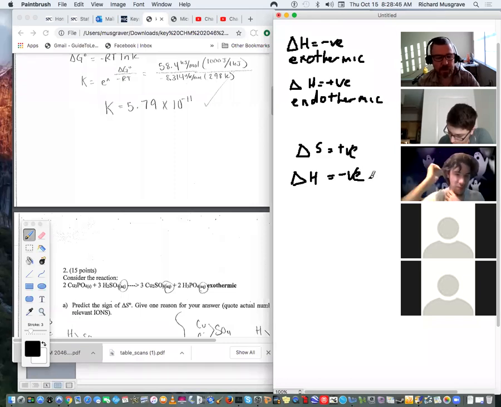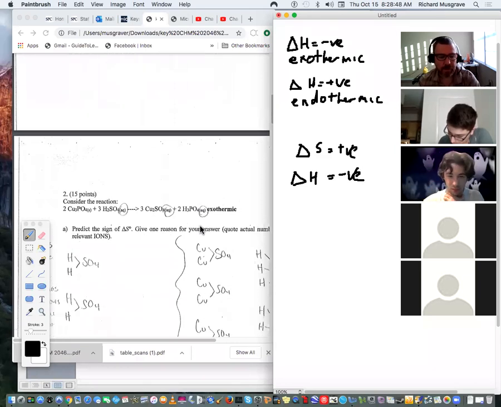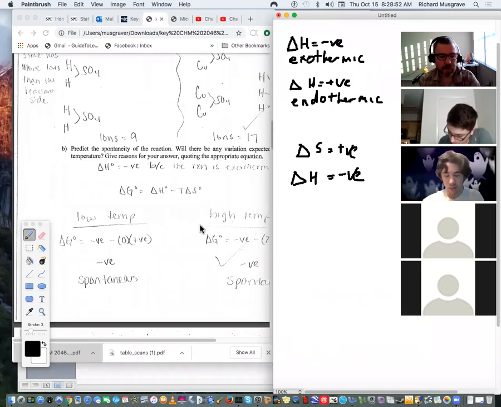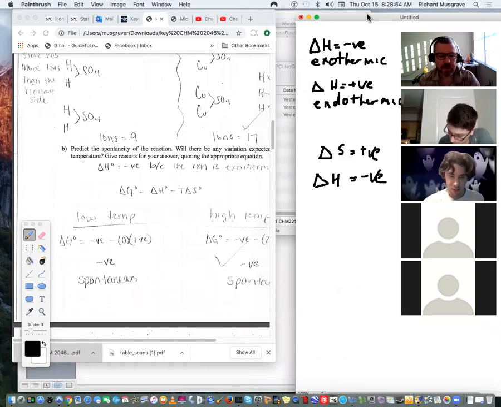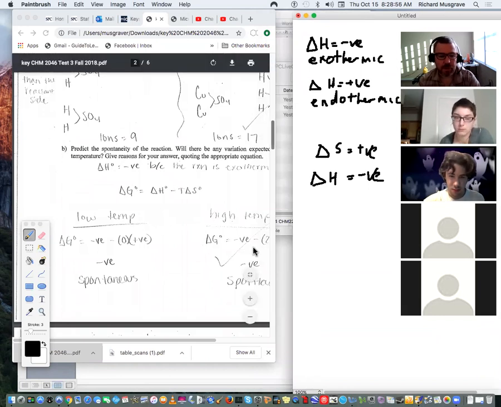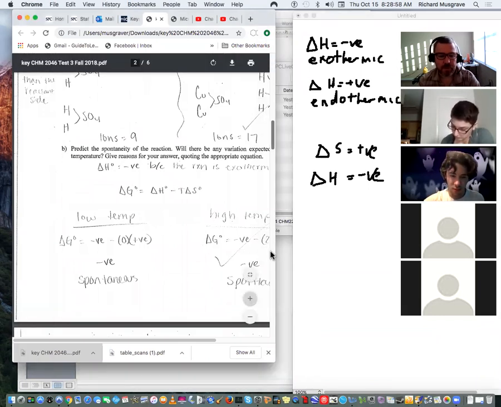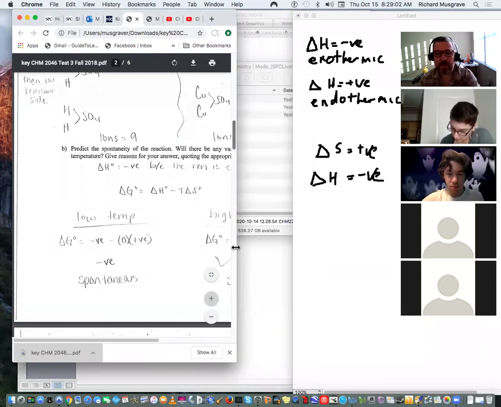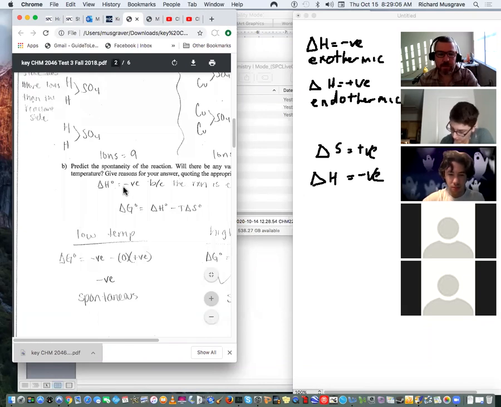So it's the same situation as we had earlier. And you can see that it's going to be spontaneous at high temperature and low temperature. All right, does anybody have any questions about that question that we just went through?